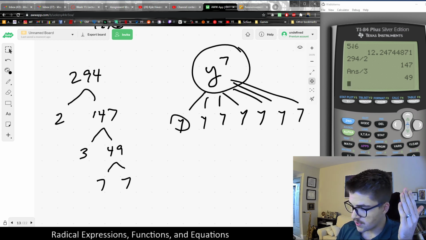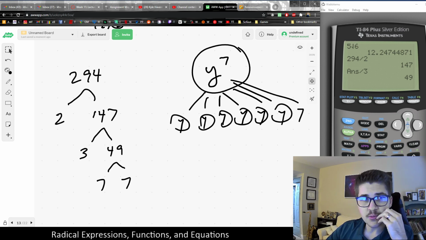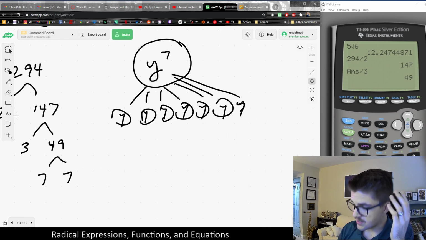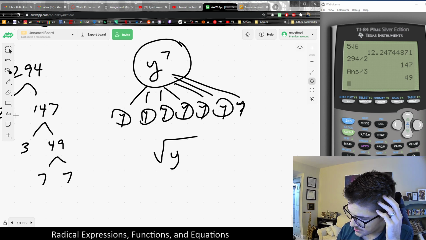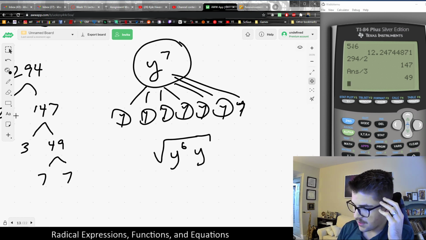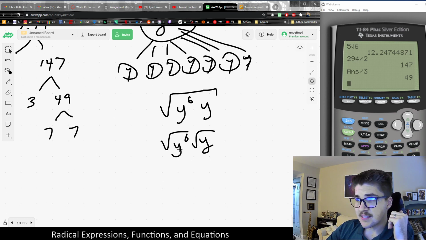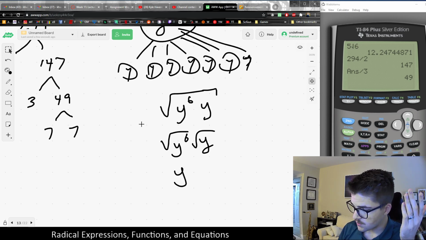Basically I have 1, 2, 3, 4, 5, 6 pairs of y. This would leave one more y left over. So with y to the 7th, I could write that as y to the 6th times y. Then I could split that apart like this, y to the 6th times square root of y. And the square root of y to the 6th, since this is a perfect square, this fraction is 6/2, which would be y cubed.